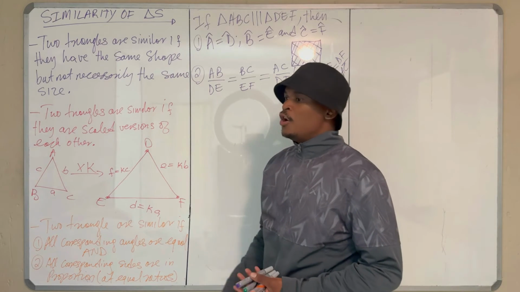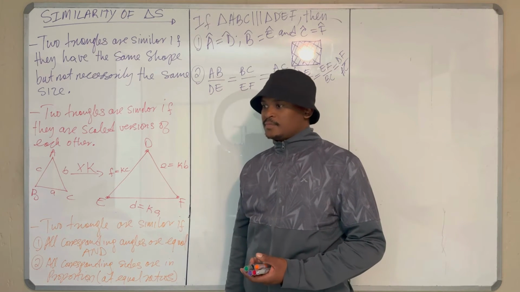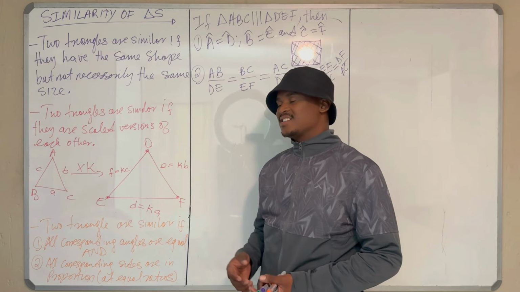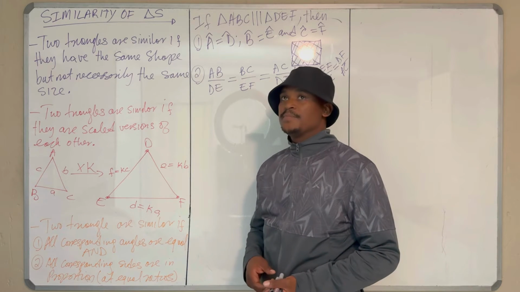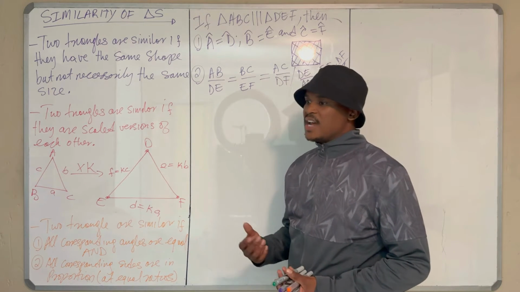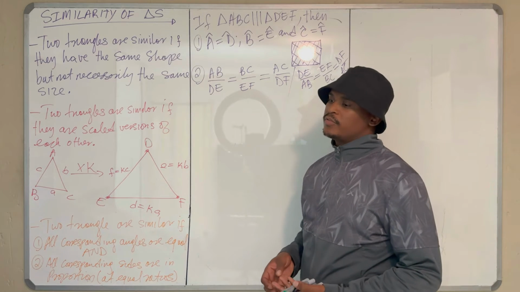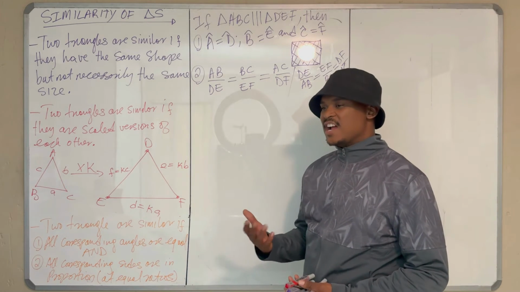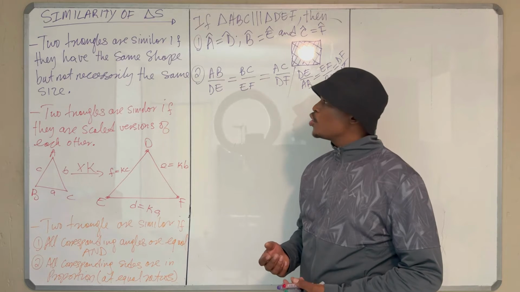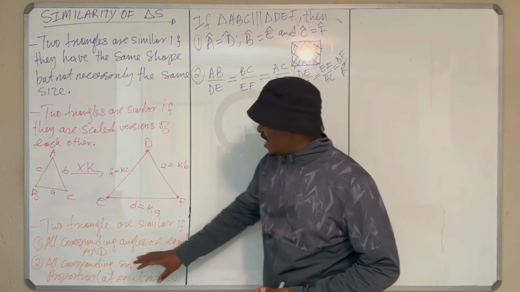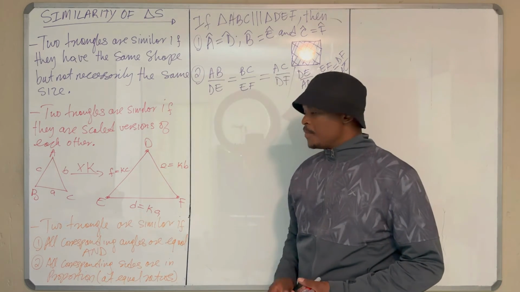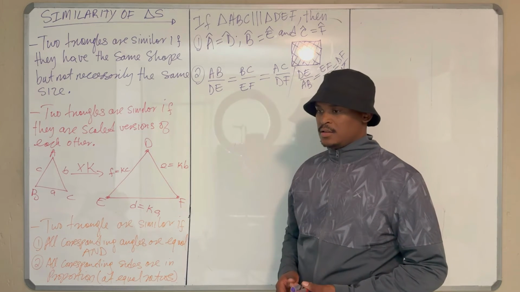So, you might be asked now if two triangles are similar, and the question that you might ask yourself is, how do you prove that two triangles are similar? So with these three definitions, I'm going to focus on the last one, because this one makes it easy for us.